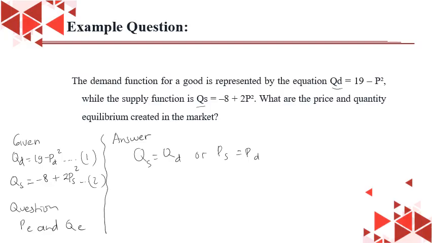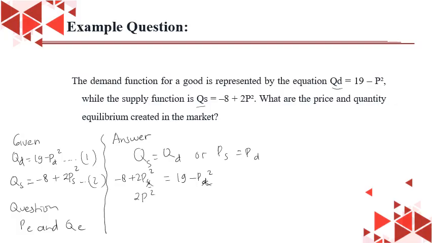Okay, so we equate equation 1 and 2. QS is minus 8 plus 2PS squared equal with 19 minus PD squared. Now just delete the S and the D over here because it should be equal now. I put all the things with P squared in here, so just erase this.